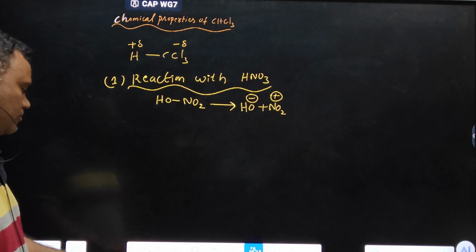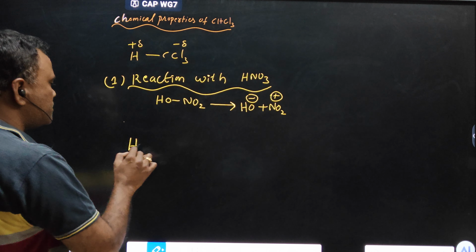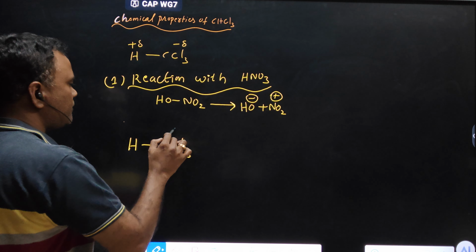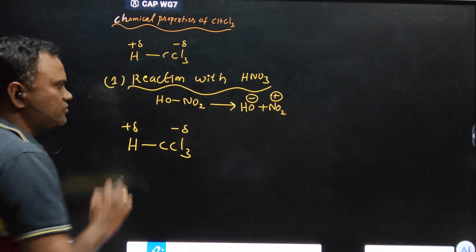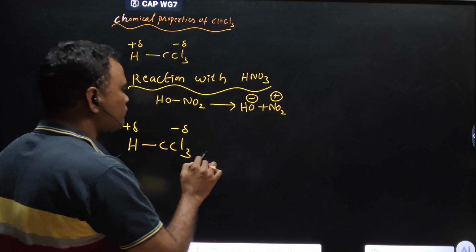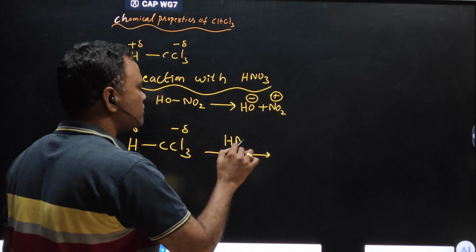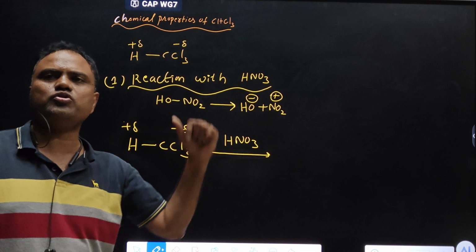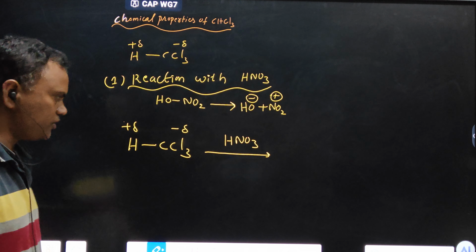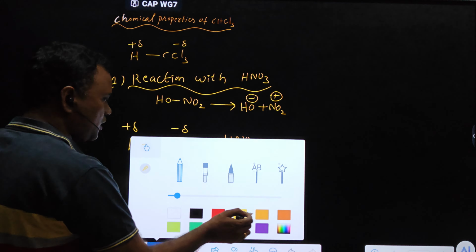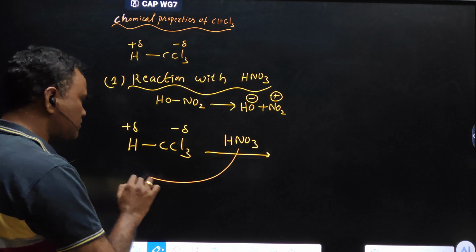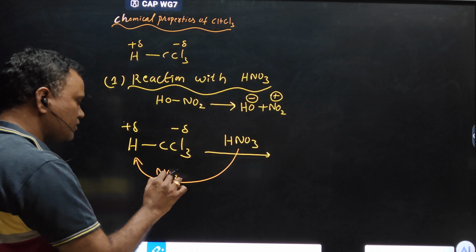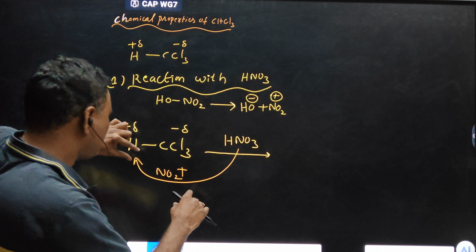I am taking chloroform, HCCl3. This is negative, this is positive. When chloroform is treated with nitric acid, what is the positive part from nitric acid? NO2 plus. NO2 plus replaces H plus, like electrophilic substitution.